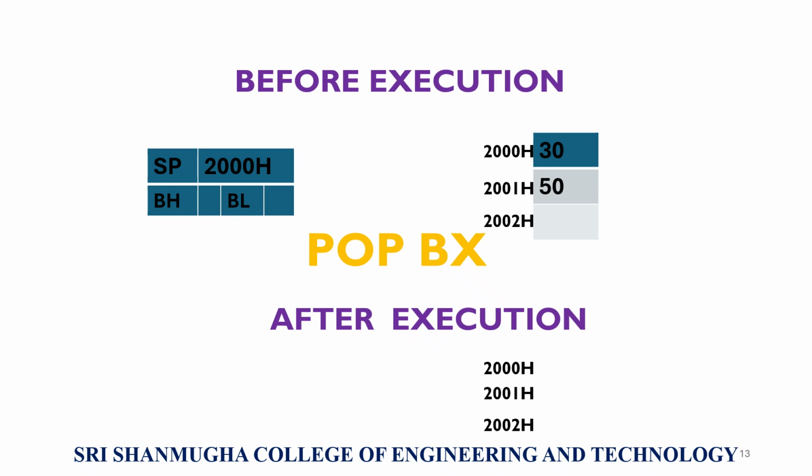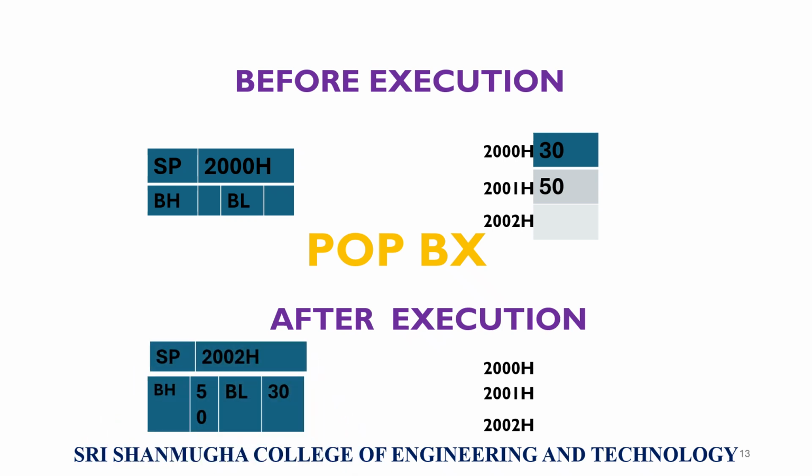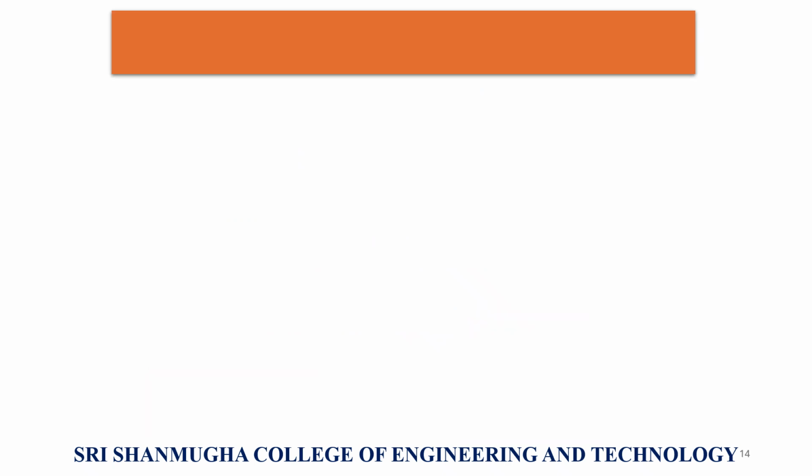After execution, from 2000 the 30 will be copied to BL and 50 will be copied to BH. First 50 will be copied and the stack will be auto decremented, and the next data from 2000 will be copied. Now the stack will have one value less than 2000h.